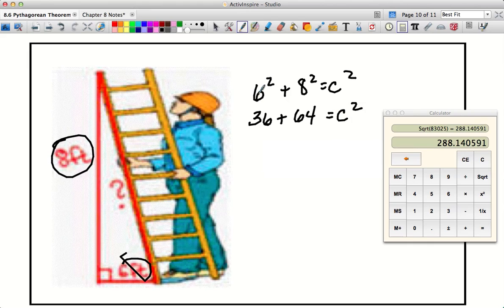Now numbers like 6, 8, 2, 3, 4, I would expect that you have the squares of numbers 1 through 12 memorized. These you should be able to do in your head. I know that those together give me 100, and I know that the square root of 100 is 10. So the height of the ladder is 10 feet.